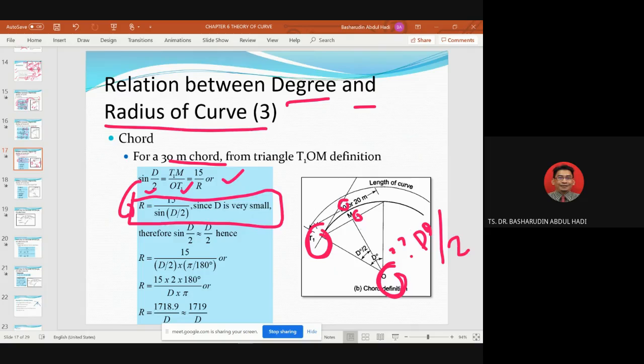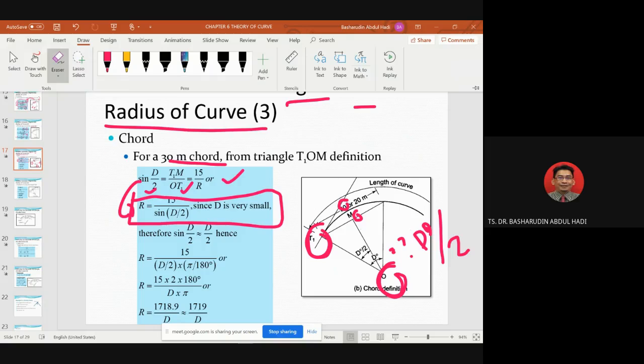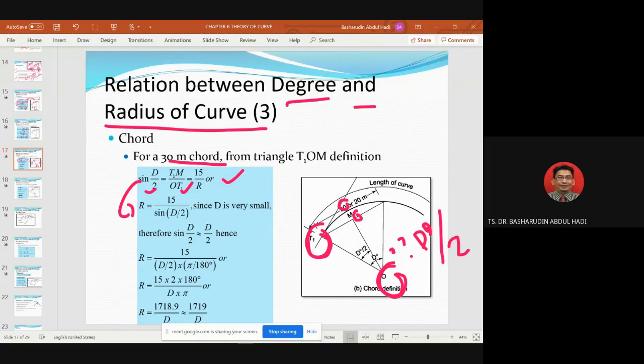So your R is equal to... let me erase this one so it's very easy for you to understand. Let's continue. R equals 50 divided by sine D over 2. Since D is very small, sine D over 2 is equivalent to D over 2.